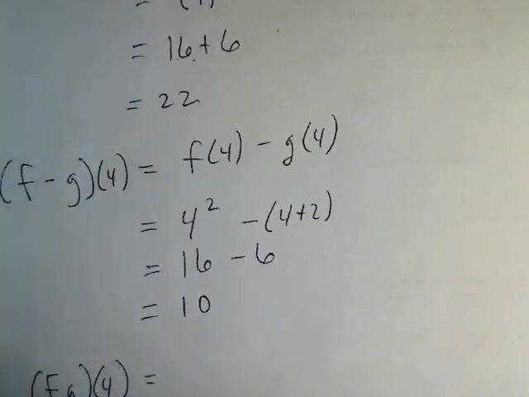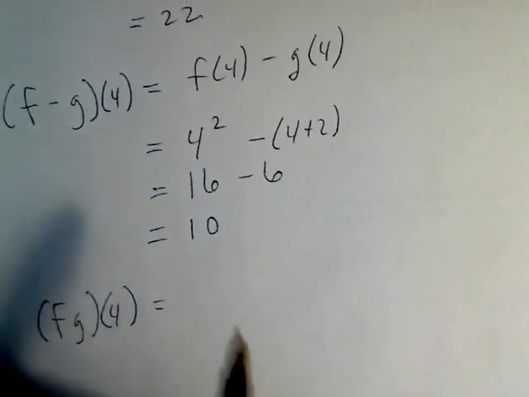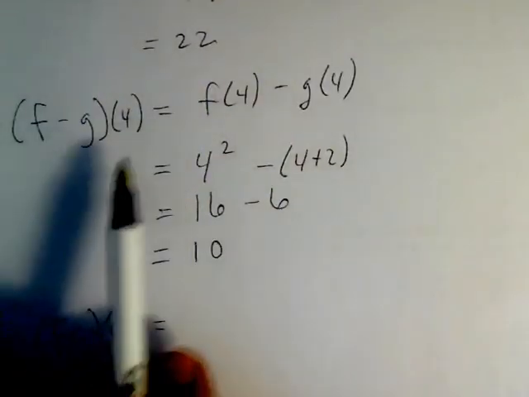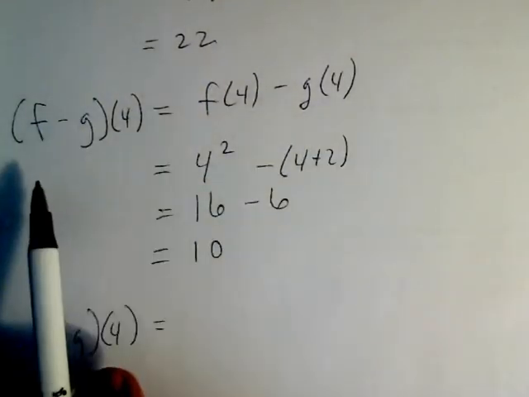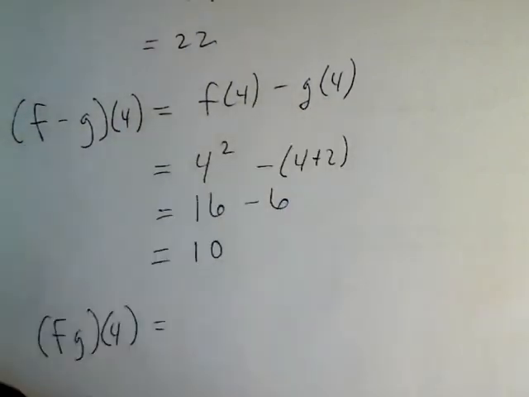So anytime you're seeing these sums, differences, products, quotients of functions, just take it and go directly by the rule. Okay? F minus g of x is f of x minus g of x.